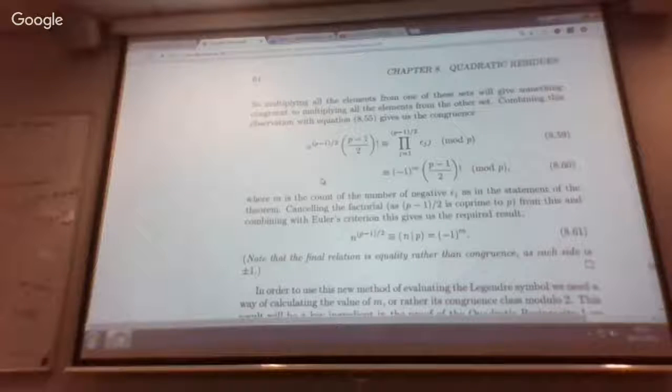So this can be an alternative way of evaluating the Legendre symbol. It still requires you to do a lot of calculation, to carry out certain operations p minus 1 over 2 times. You have to consider all of these p minus 1 over 2 multiples.